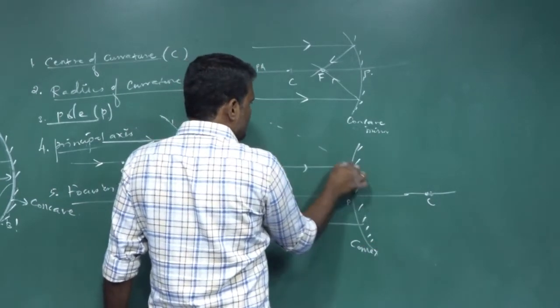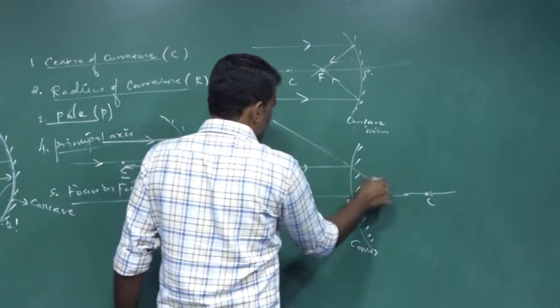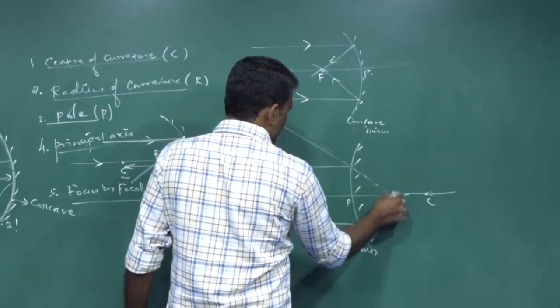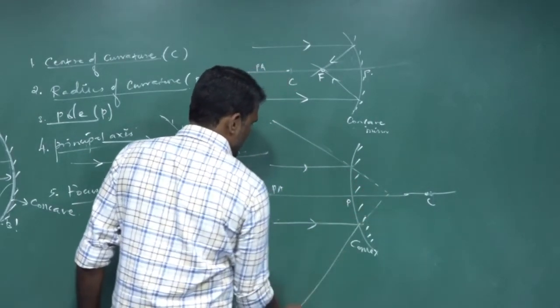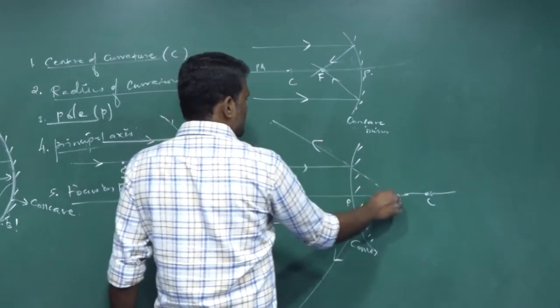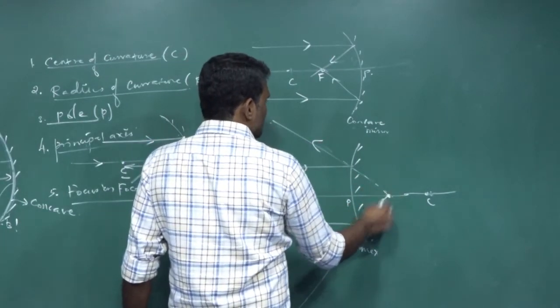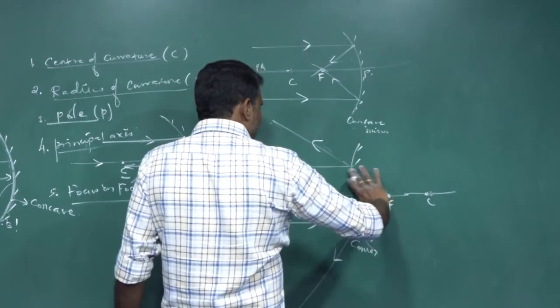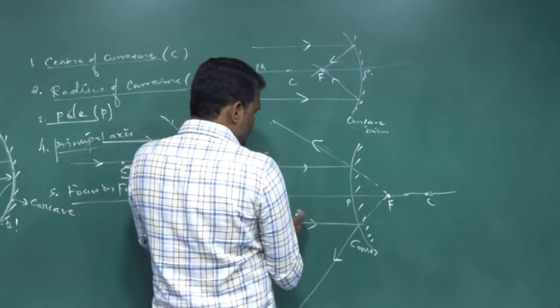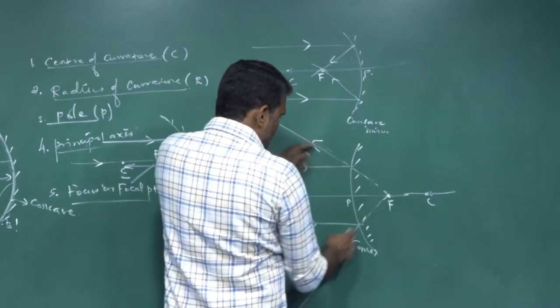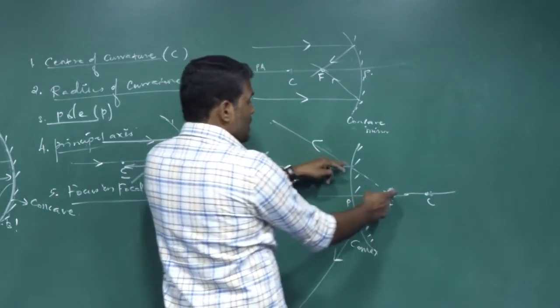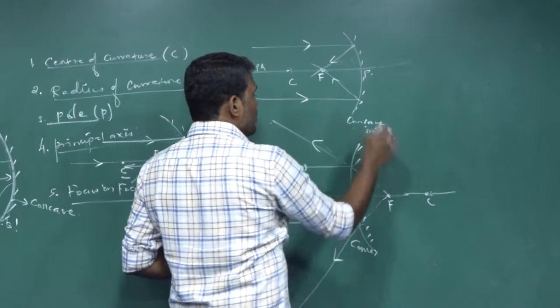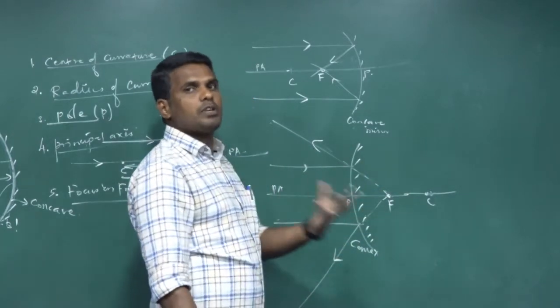After reflection, the rays diverge from a particular point on the principal axis. See this one? Rays after reflection will appear to diverge from a point on the principal axis. We call it the focus or focal point or principal focus.